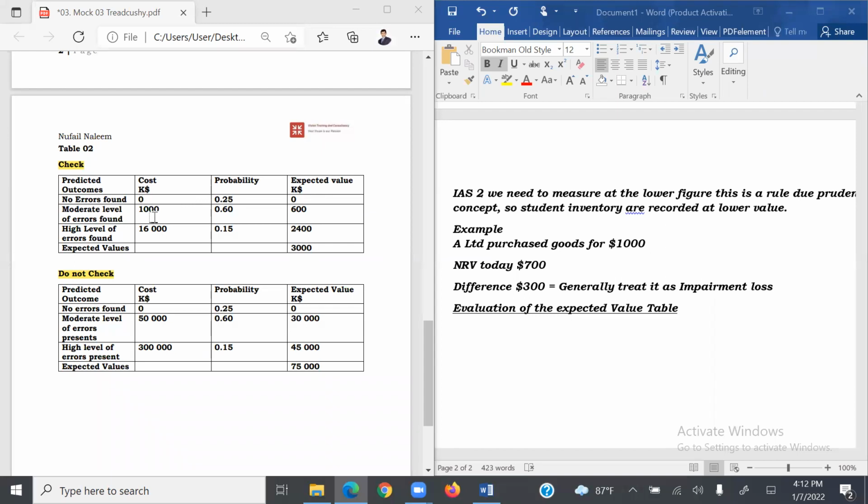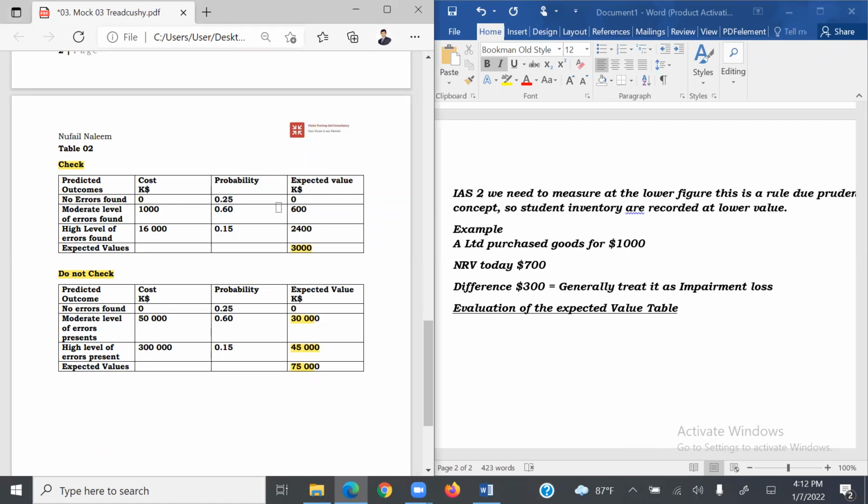Moderate level, it happens, it's 0.6 and 600 is the cost, and here it's 2,400. Now, if you do not check, the expected value is 75,000. The costing is very high: from 600 it can go to 30,000, and from 2,400 it can go to 45,000 as well.